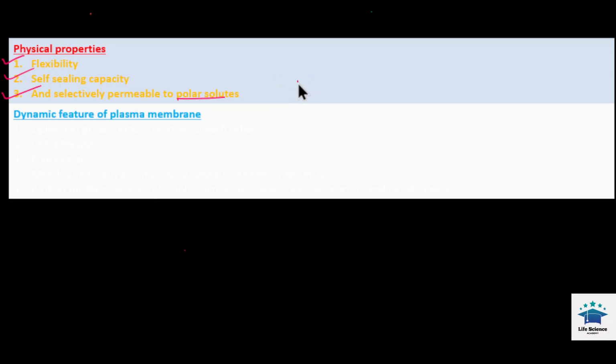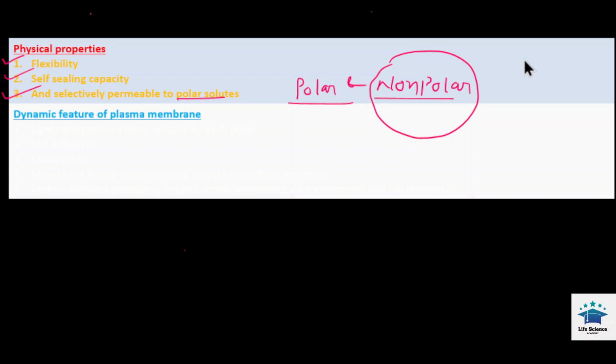What is the difference between the polar and non-polar things? We have a basic idea about polar and non-polar. Can you say that plasma membrane is non-polar in nature? Why is it not polar?